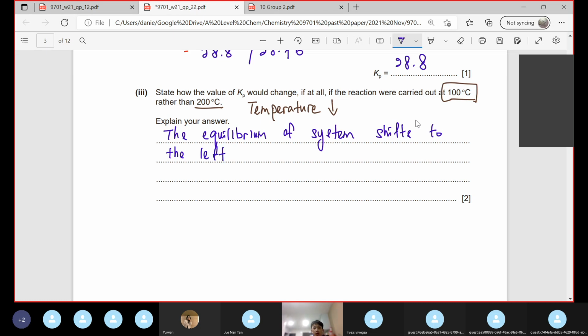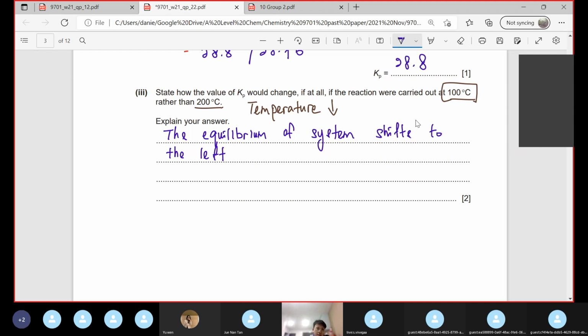Or you can write that the equilibrium of the reaction or system favors the formation of reactants. Also can, as long as it shows the same meaning. Then here you will get 1 mark.